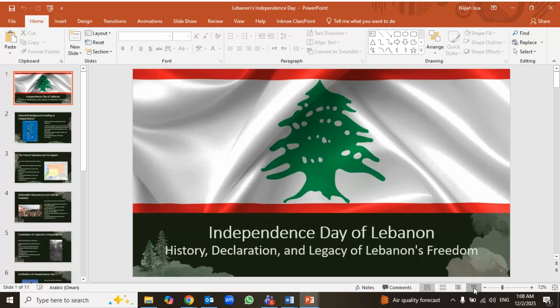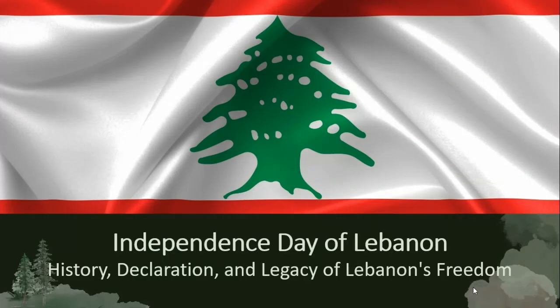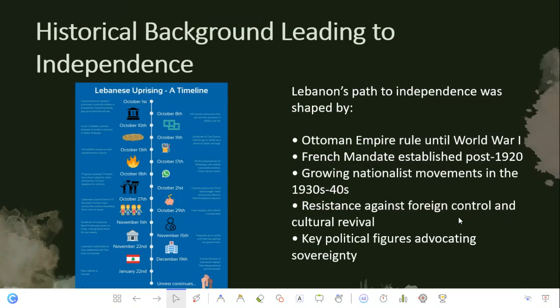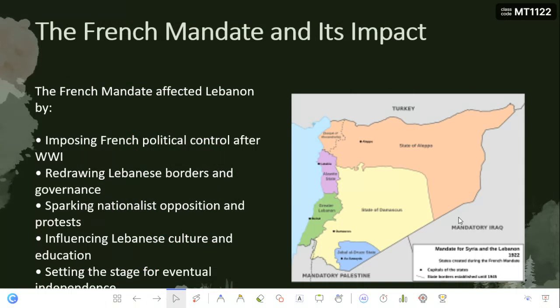This is the title: Independence Day of Lebanon, History, Declaration, and Legacy of Lebanon's Freedom. This is the Lebanese flag, and we're going to go over Lebanon's path to independence was shaped by. We have a historical series of events.